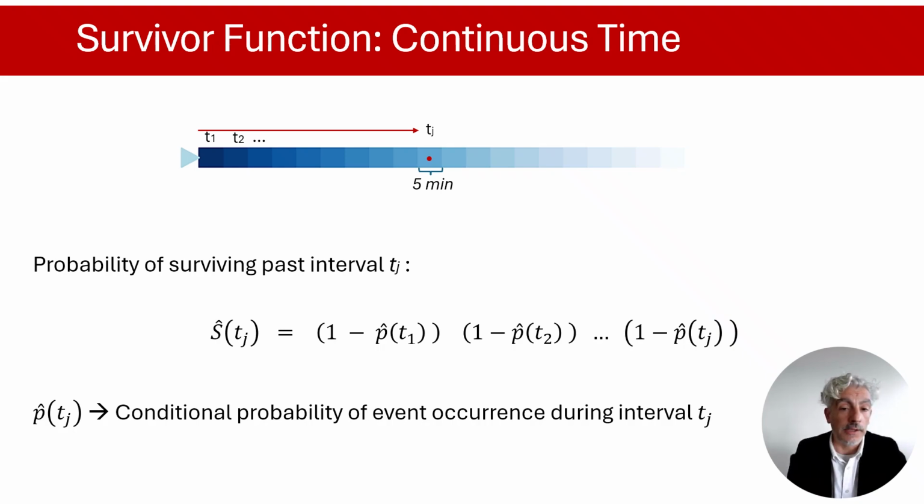And we can obtain this probability by multiplying the successive probabilities of surviving through each interval from interval 1 to interval tj.